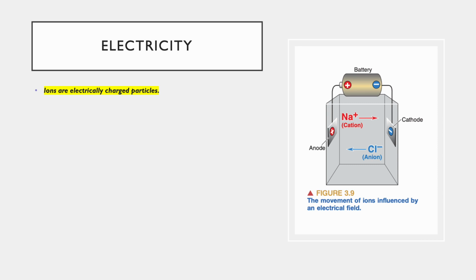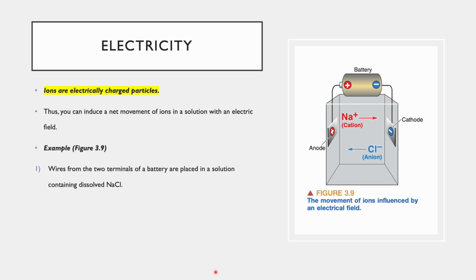So remember that ions are electrically charged particles, and you can induce a net movement of ions in a solution with an electrical field. We're going to look at figure 3.9 as an example. If we had wires from the two terminals of a battery and they were placed in a solution of dissolved sodium chloride, we could look at the movement of ions influenced by this electrical field.